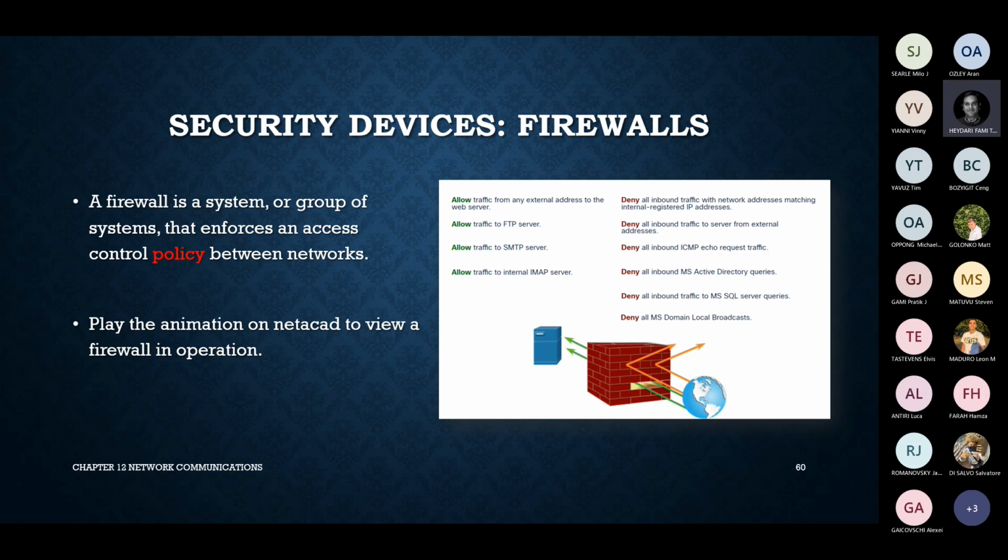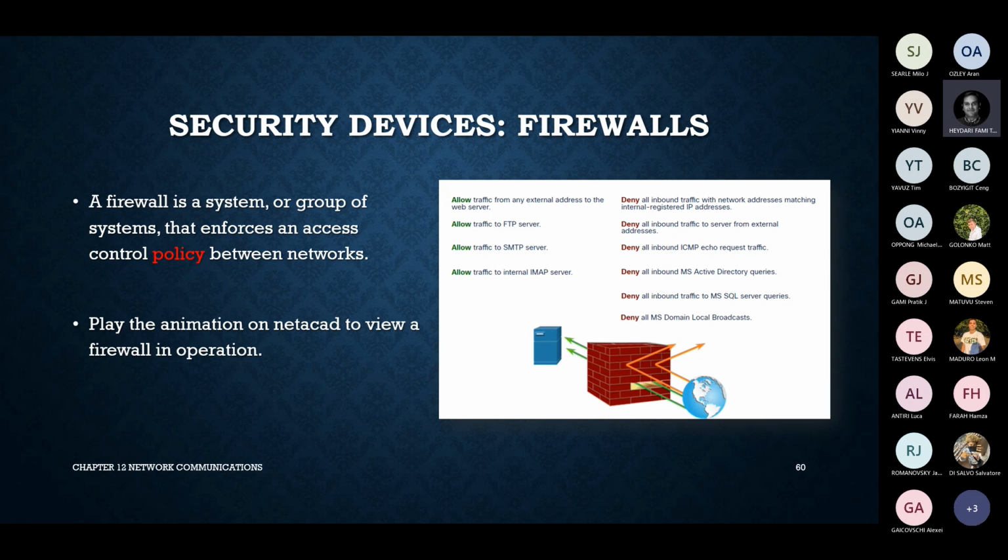With CCNA, if you remember, routers can define and allocate some access control lists, ACLs, and apply them to the interfaces for incoming or outgoing traffic. The ACLs have some ACEs, access control entries.